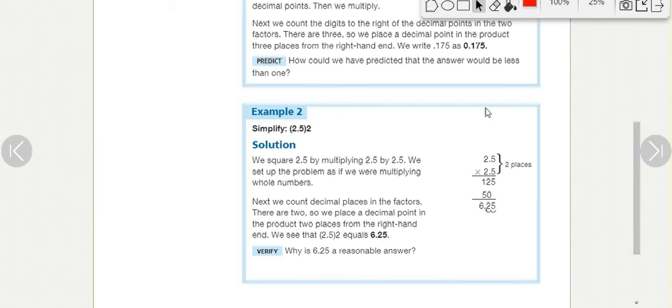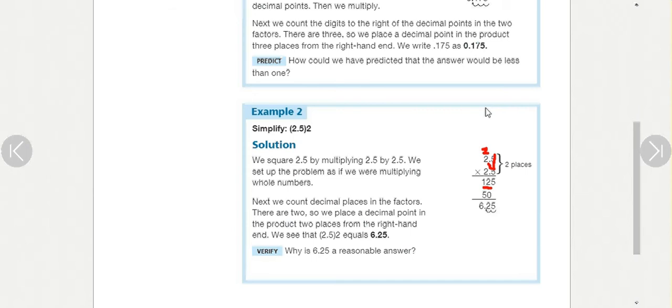Looking at this problem, what operation are we supposed to do when we see parentheses like these? Remember? That's multiply. So we can set up our long form multiplication here. Now in this case, the decimals are lined up. That's okay. We followed the right align rule, and if they happen to line up, that's just fine. 5 times 5 is 25. 5 times 2 is 10, plus 2 is 12.